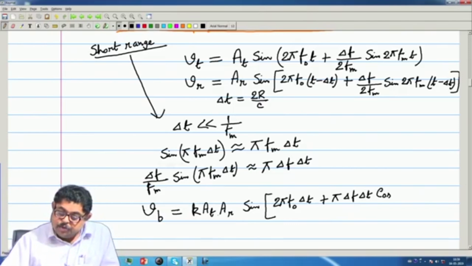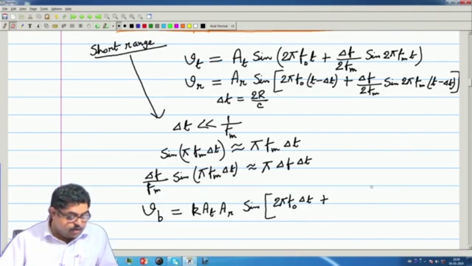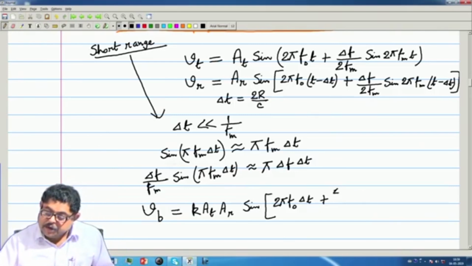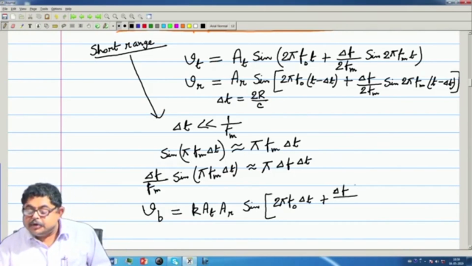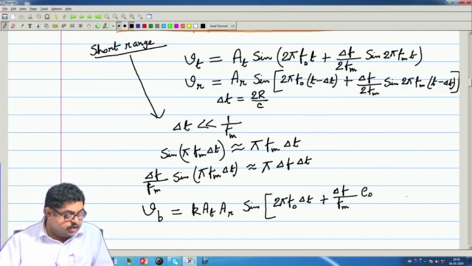So, sine of k v t plus delta f by f_m, or let me give another step, so that you later do not have problem. That 2 is going because there are cos and sine terms, so there is a 2 there.